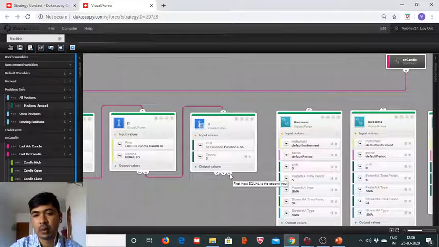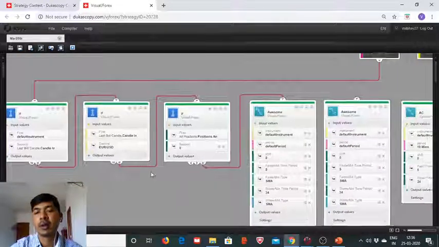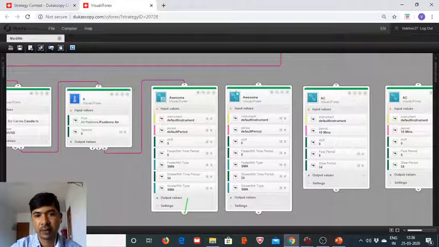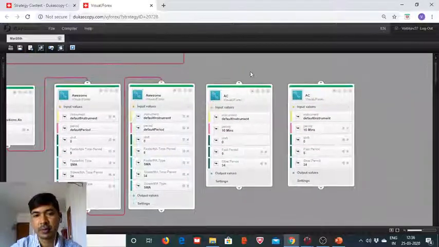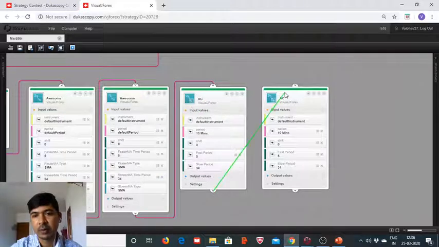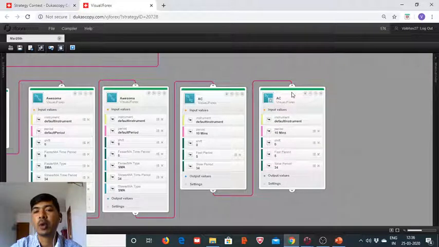So this is done. Now we connect the AC2 blocks.